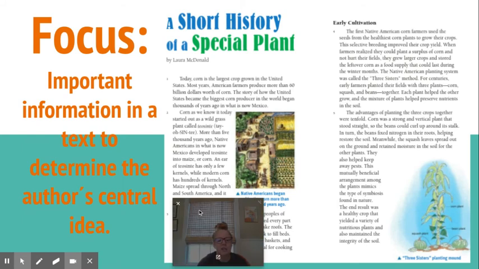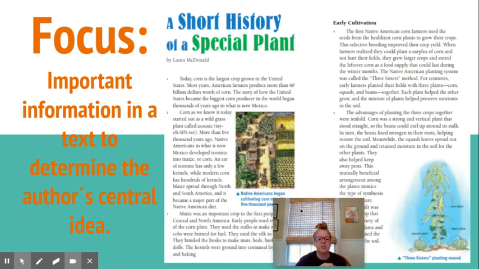So let's take a look at A Short History of a Special Plant again, okay? So we read this story, and remember when we read it, we talked about the pictures, we talked about the captions, we talked about how corn was grown by the Native Americans, and it was called, and I'm going to say this, teosinte, and then the Europeans started calling it corn, how the Native Americans first started to grow corn, cultivate it by using that 3 sisters system with the corn, the beans, and the squash, okay?